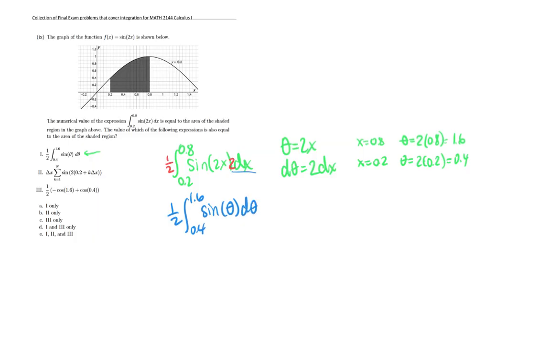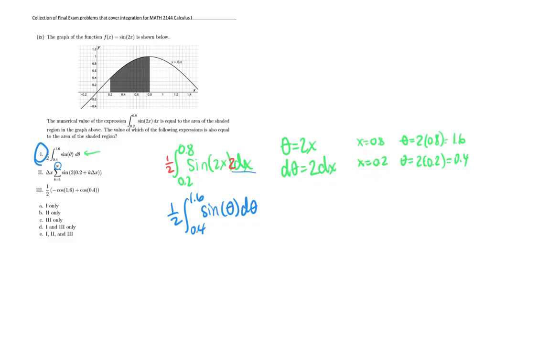So that one actually is the same because it's with a u substitution. If I look at the next one, this looks like a Riemann sum, but I'm just within rectangles.